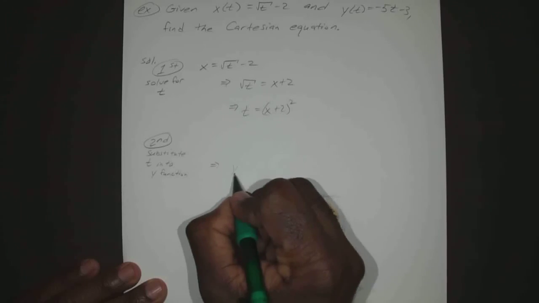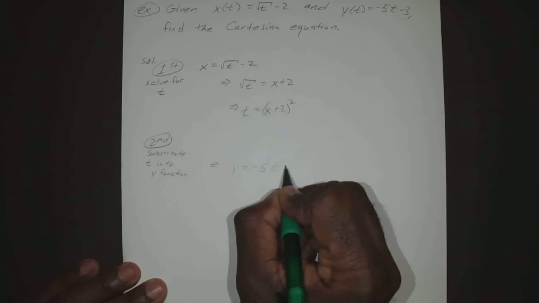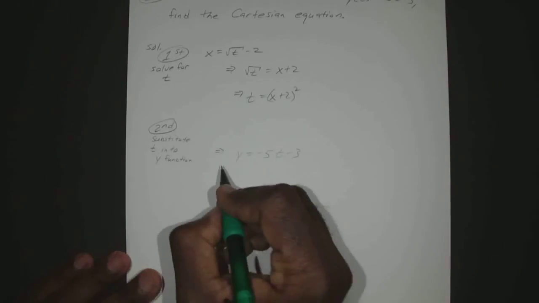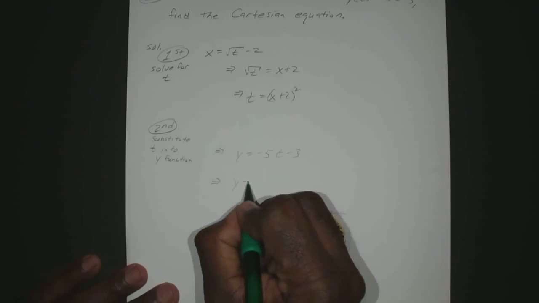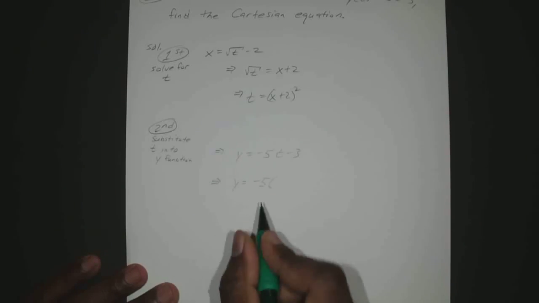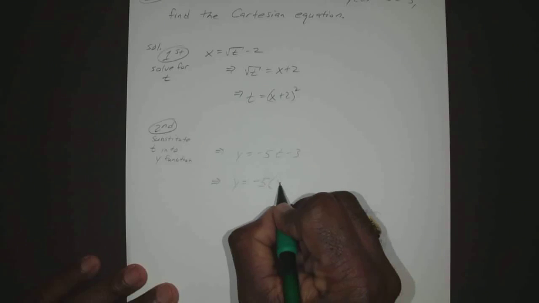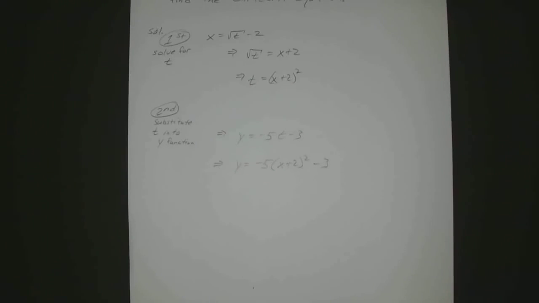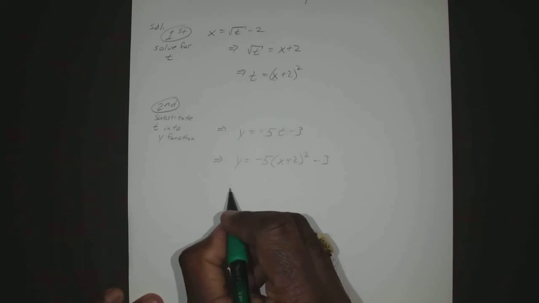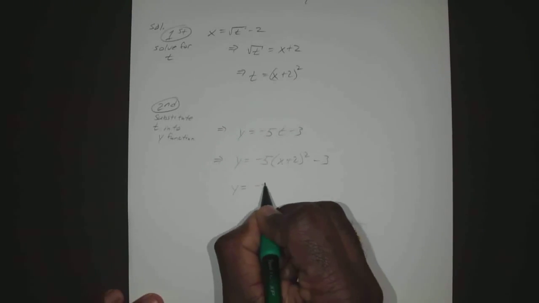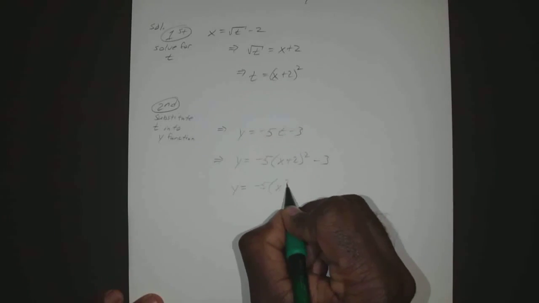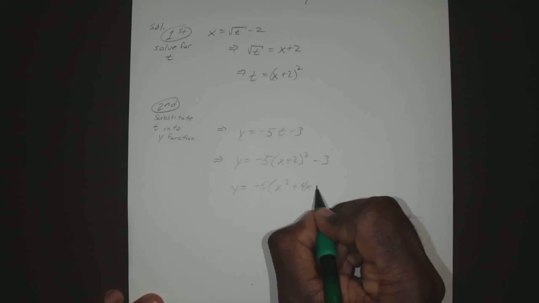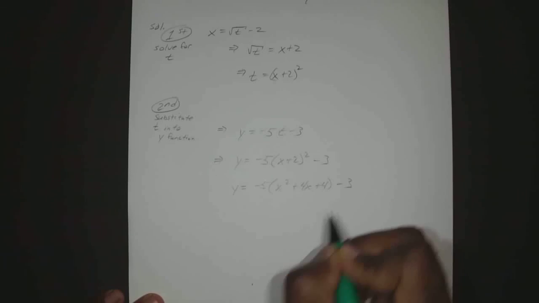Okay, so that means your y equals negative 5t minus 3 will now become y equals negative 5 times x plus 2 squared minus 3. So y is equal to negative 5 times x squared plus 4x plus 4 minus 3.